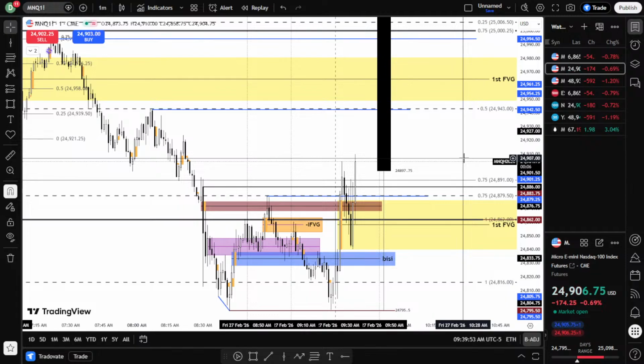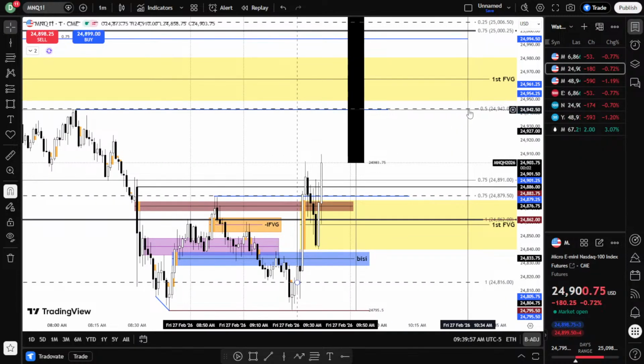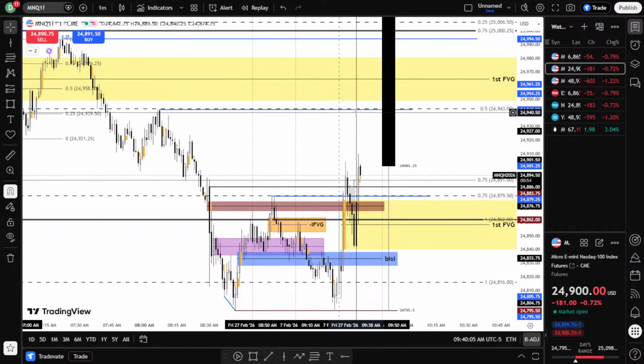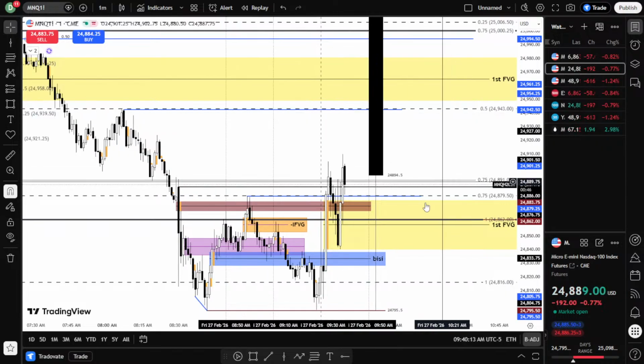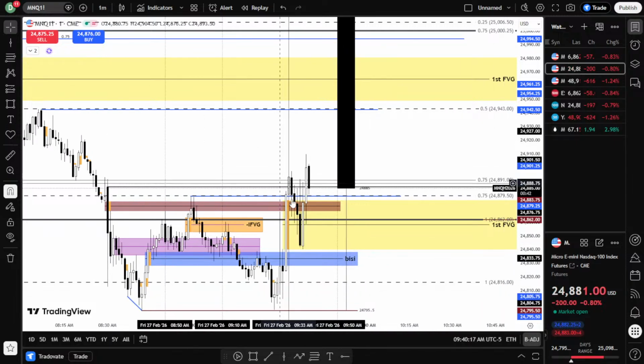Okay, so we are moving higher. This is likely the draw on the upside. But it is moving in a very high resistance way. Okay, covering the previous candles.